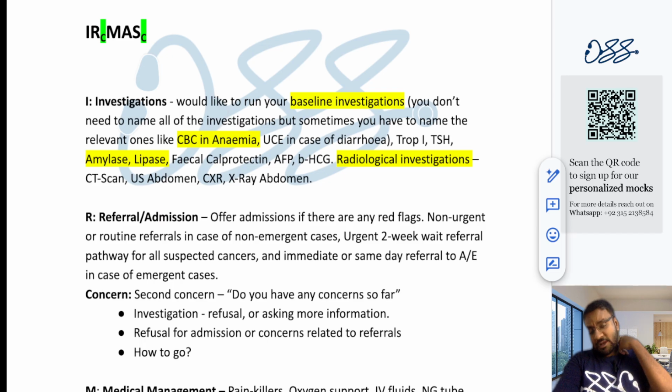For example, if somebody presents with anemia, and you say, from the chat that we have had, you are having anemia, maybe because of the lack of iron sources in your diet, and it's a very manageable condition. Do you have any concerns regarding it? And then after addressing the concerns, you talk about the investigations, and you say I'm going to do your full blood count.